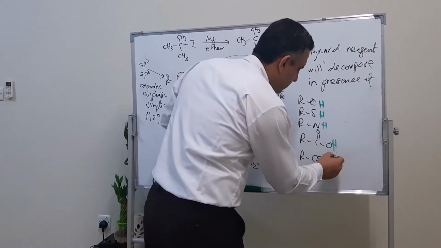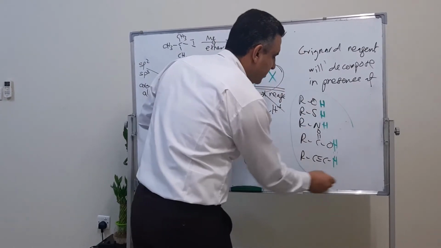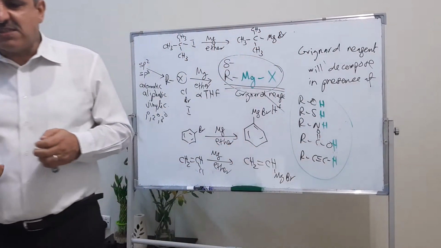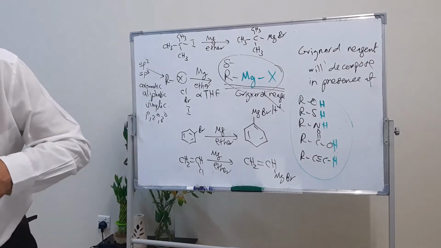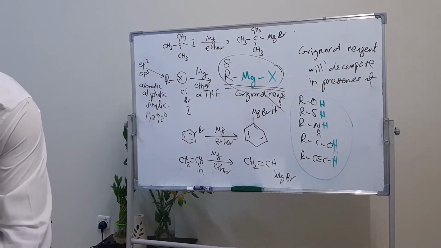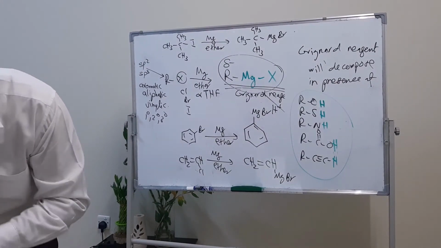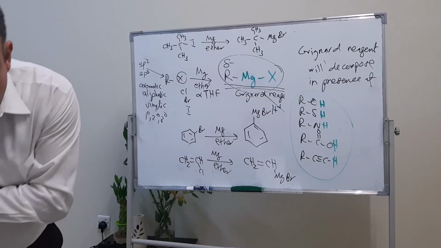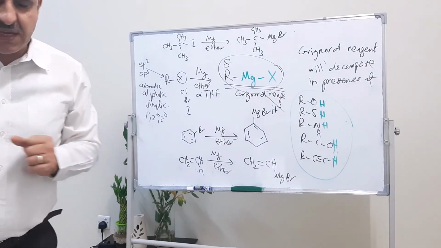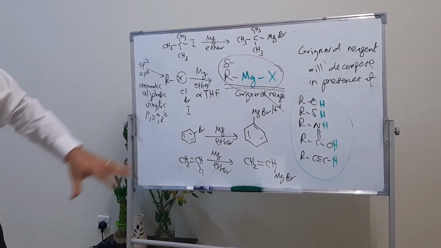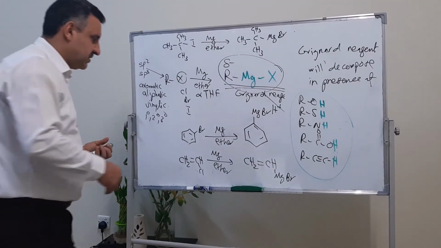All of these functional groups are acidic enough that they will simply decompose the Grignard reagent and convert it to the corresponding alkane. So we should avoid these reagents in principle.